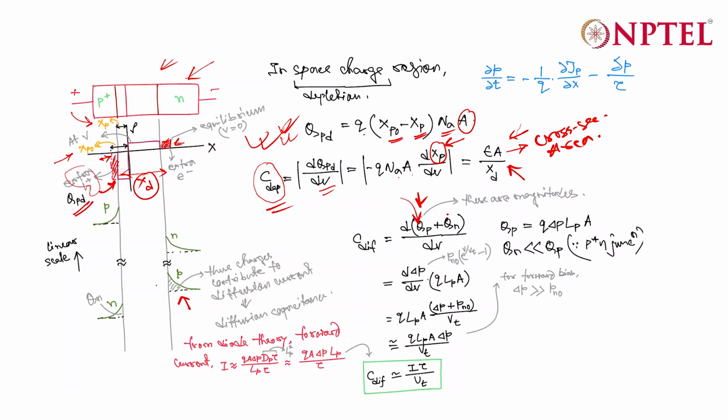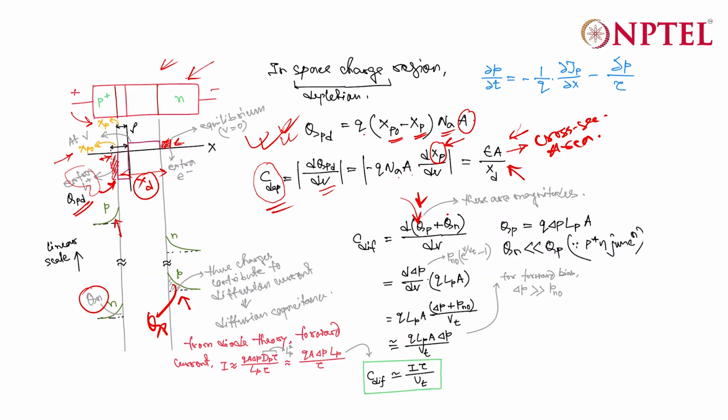Now in Qp plus Qn, this particular area defines the Qp and this area defines the Qn. However, one can question how these charges, which are majority carrier charges, participate in the diffusion current.